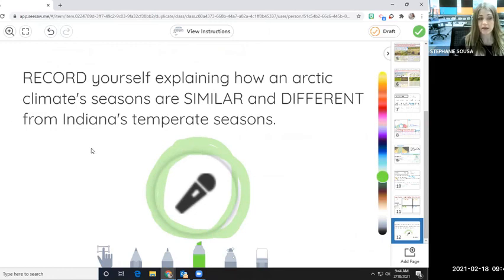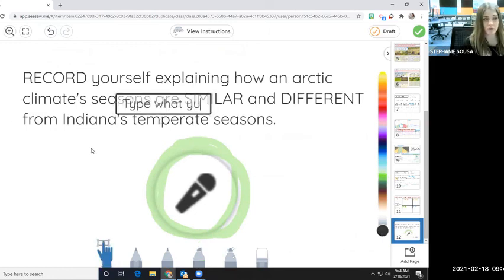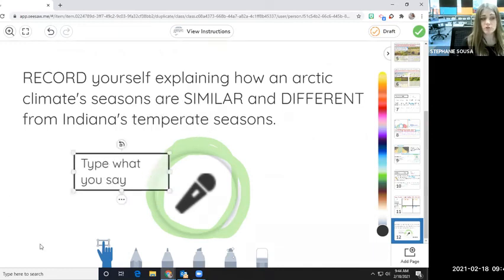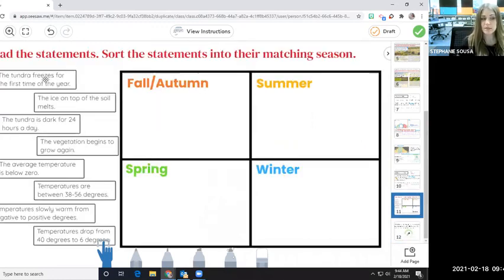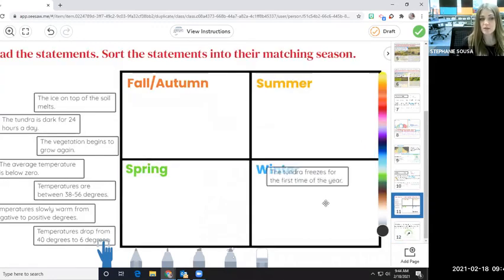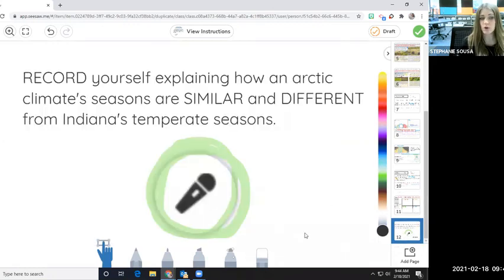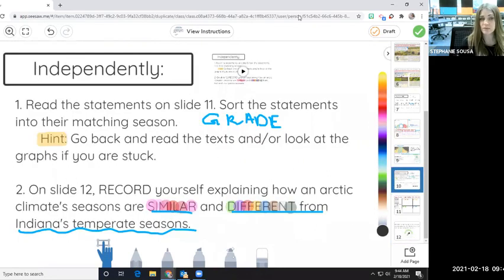I am fine if you need to type what you say and then record yourself reading it. That's fine with me, but you do have to record your voice. This is a speaking grade, okay? So 2 things being graded today. Did you put the tiles in the right season? And did you record yourself explaining how Arctic climates are similar and different from Indiana's temperate climates?